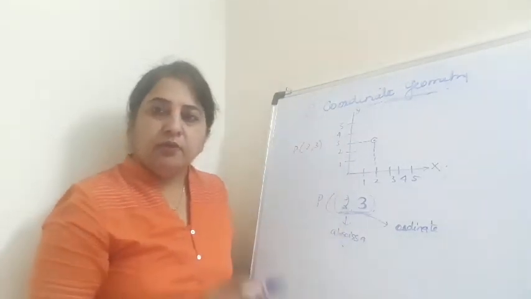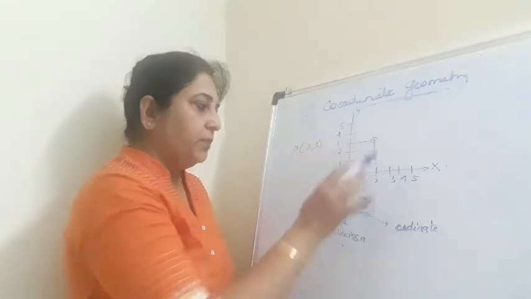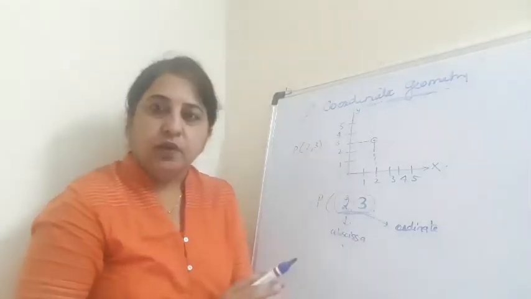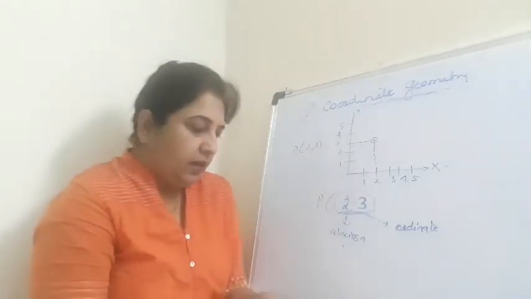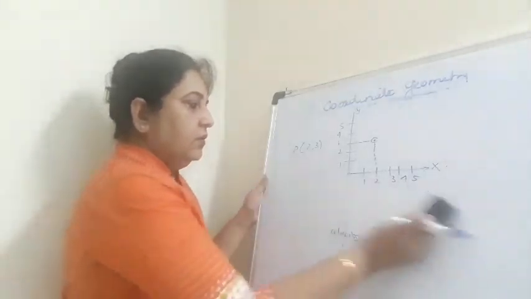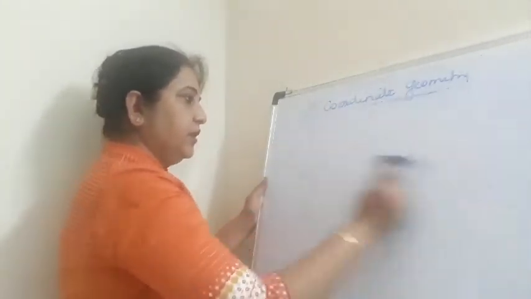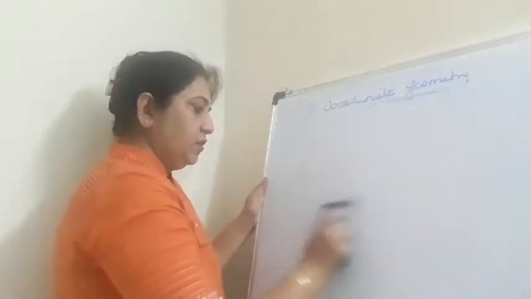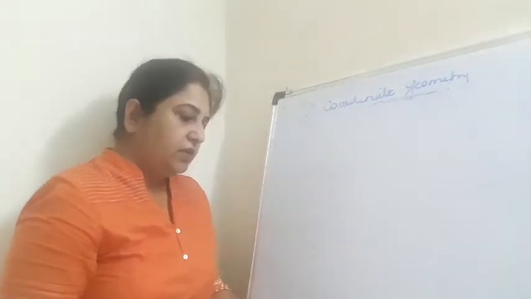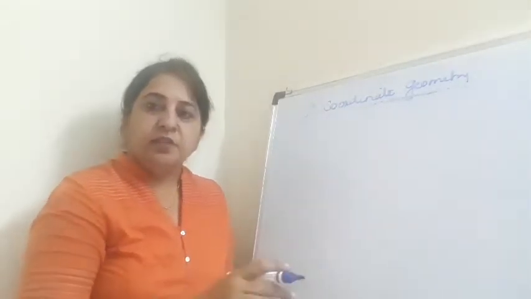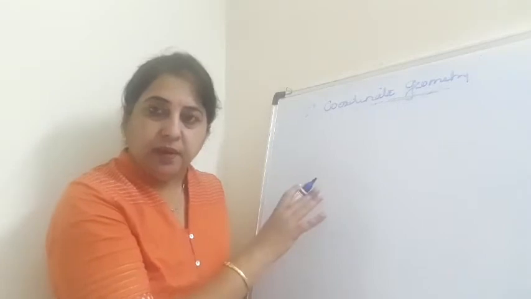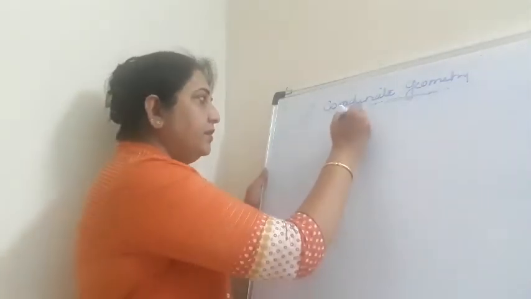Now till now you have only studied the plotting of points with positive numbers. Now we have negative numbers also, right? Negative numbers are also there, positive numbers are also there, and even 0 is there, which can be plotted on a Cartesian plane. Now what is a Cartesian plane?